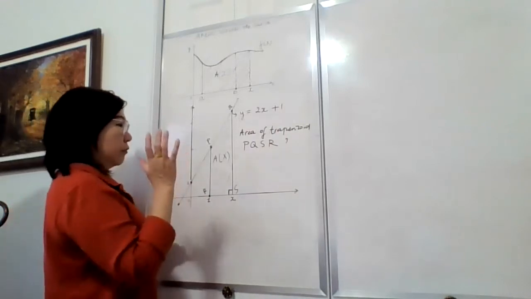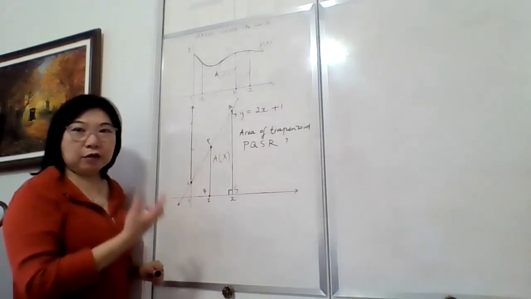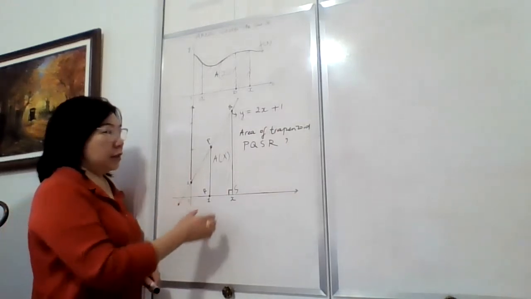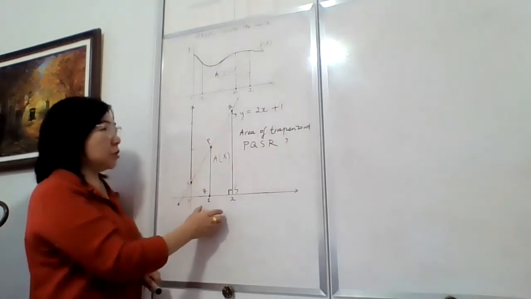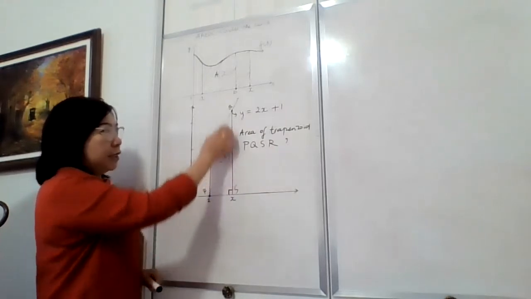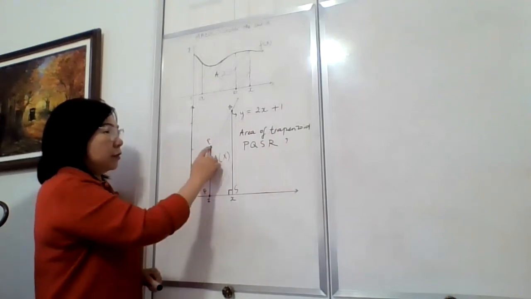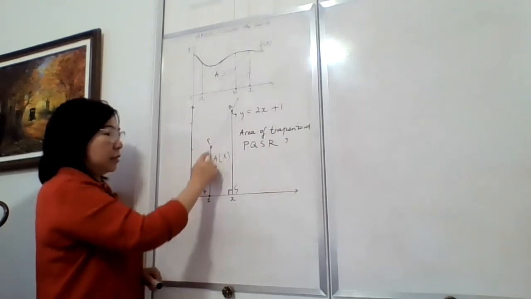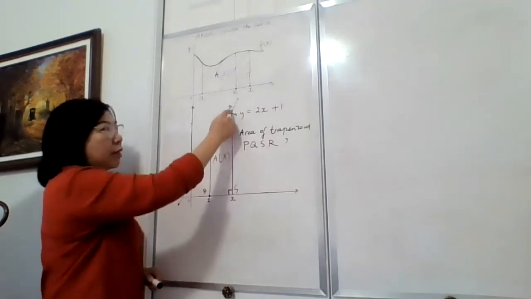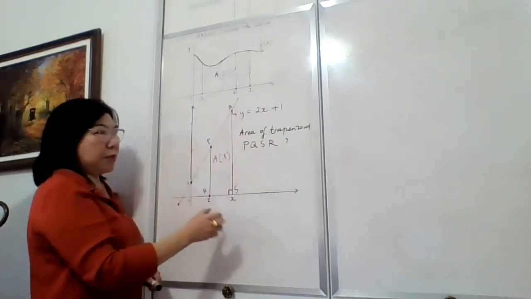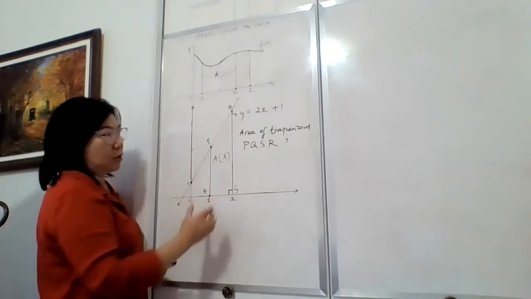Now, first, we have to apply the formula for calculating the area of a trapezoid. Due to the geometric shape of the trapezoid, the formula to find the area will be equal to the short length RP, added to the longer length SQ, divided by 2 to take the average, multiplied by the height of the trapezoid.